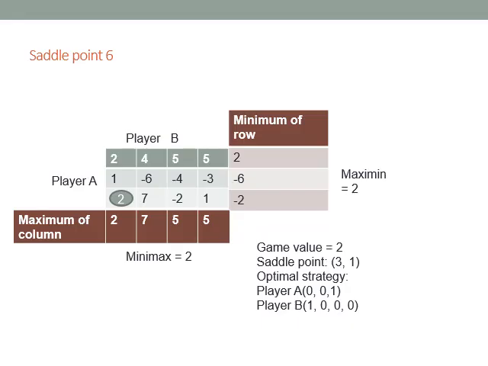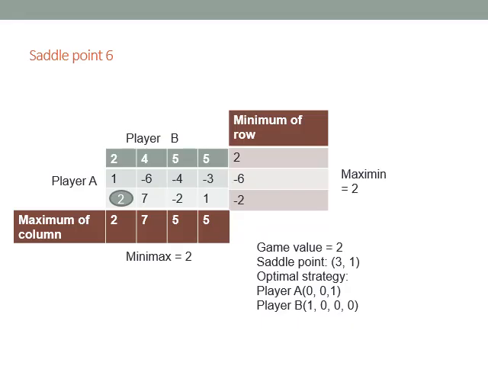Okay, so the optimal strategy for player A is 0-0-1, because he has no strategy 1, he has no strategy 2, he has strategy 3.